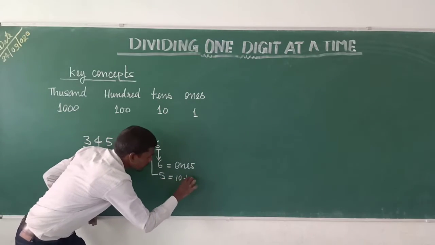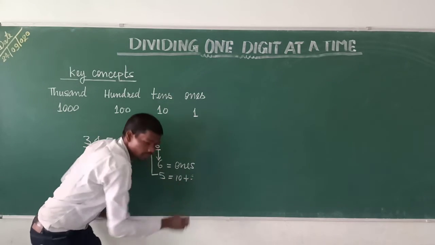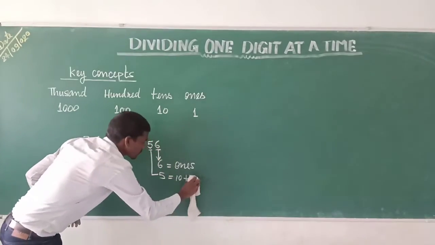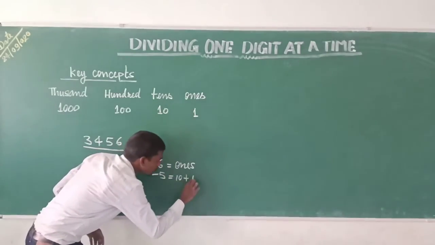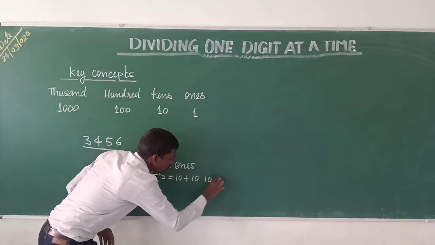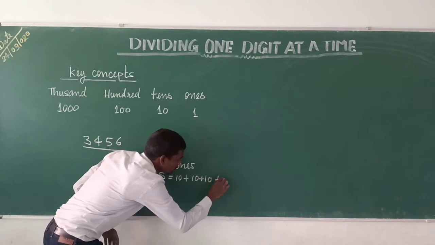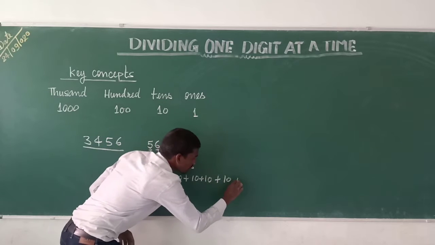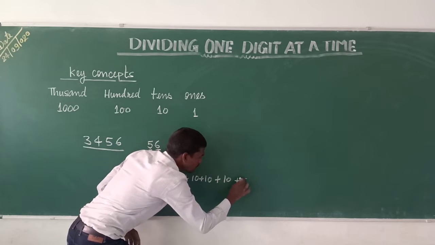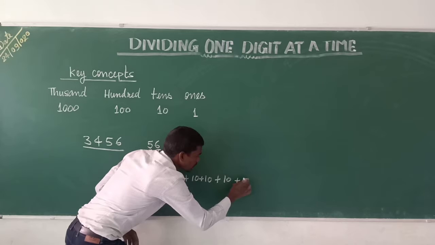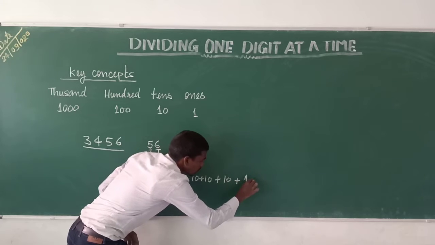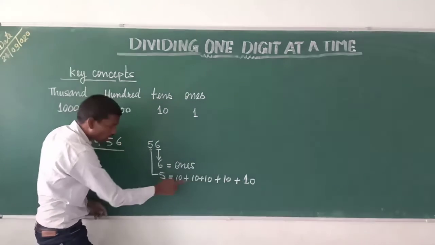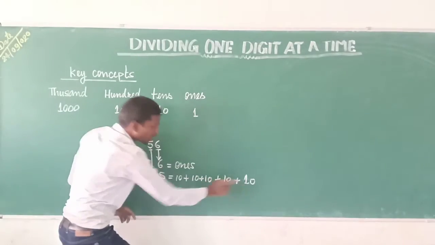Tens plus 5 tens. 10, 10, 10. 1, 2, 3, 4, 5.